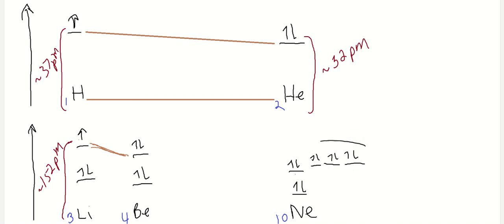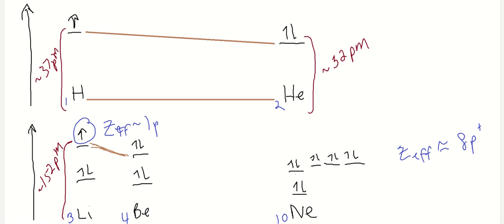The Z effective for any one of those n equals 2 electrons for neon is about 8 protons, whereas for lithium's valence electron, the effective nuclear charge was about 1 proton.